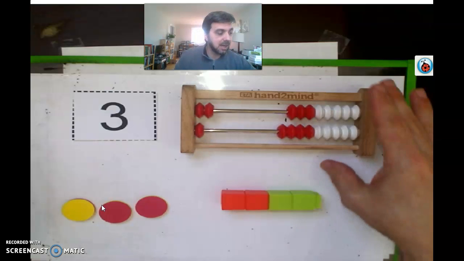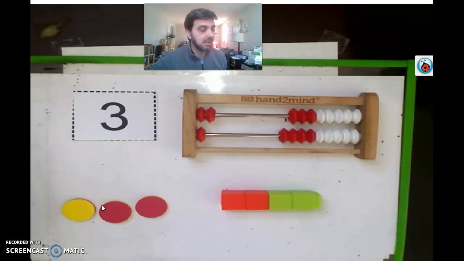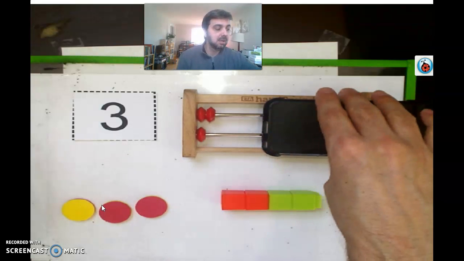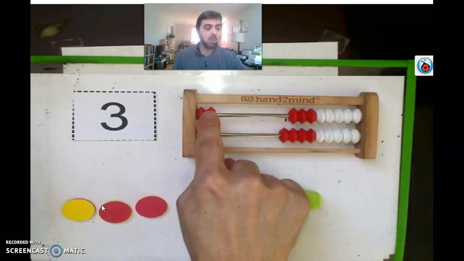Now, when we look at the rekenrek, I'll cover this side with my phone. We're only going to be looking at the counters on the left, not these ones over here. How many counters are on the left? Let's count. 1, 2, 3. So again, we have 2 and 1 makes 3.